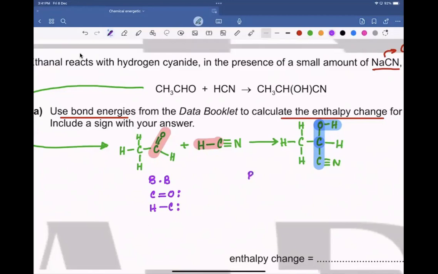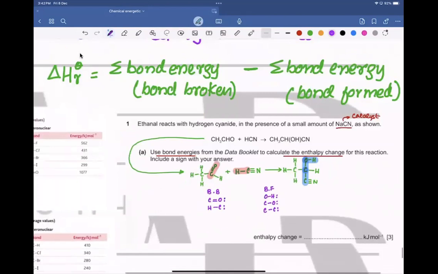And the bonds which are formed are the oxygen hydrogen single bond, the carbon oxygen single bond, and the carbon carbon single bond, right? Yes, sir. Is this clear to all of you? Yes, sir.